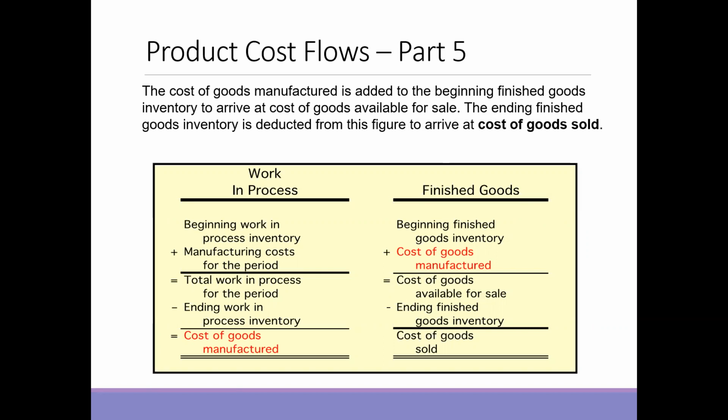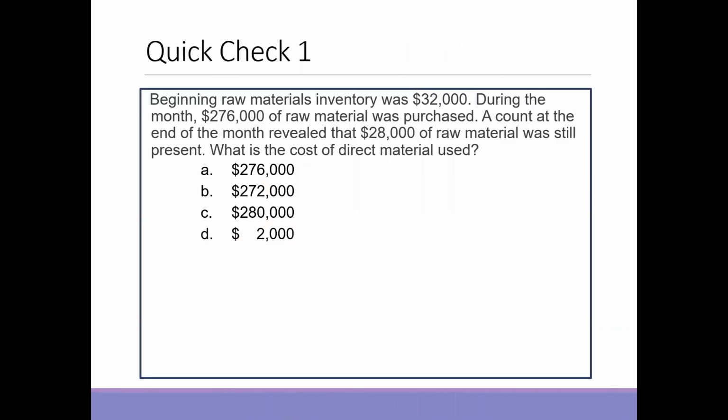It's a workflow, these financial statements. Beginning raw materials is $32,000. During the month, $276,000 of raw materials was purchased. A count at the end of the month revealed that $28,000 of raw materials is still present. What is the cost of direct materials used?